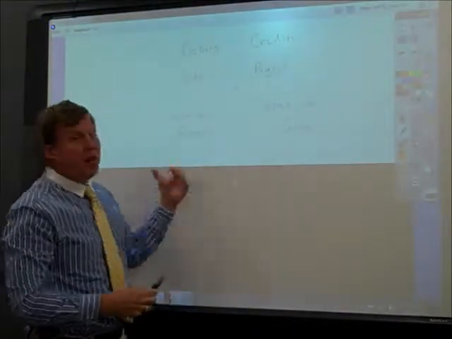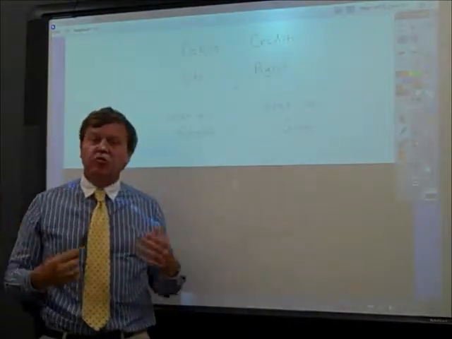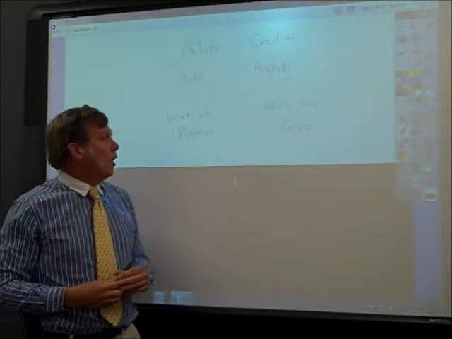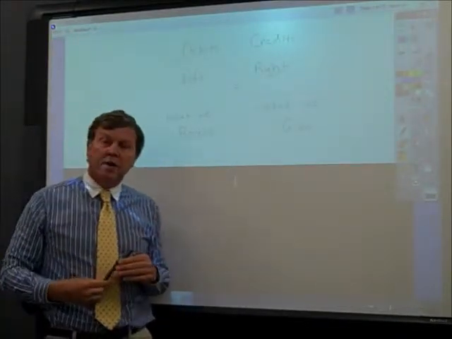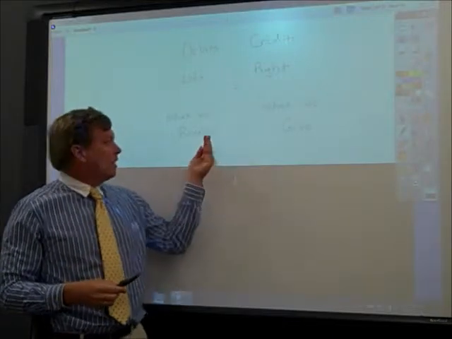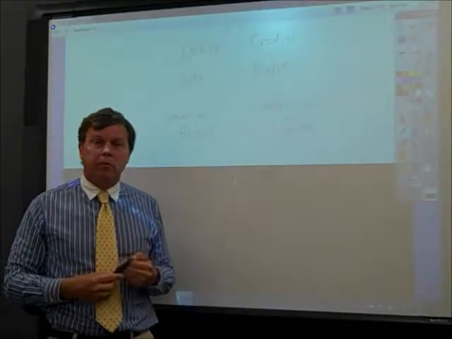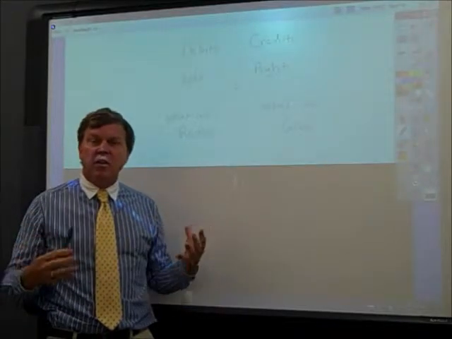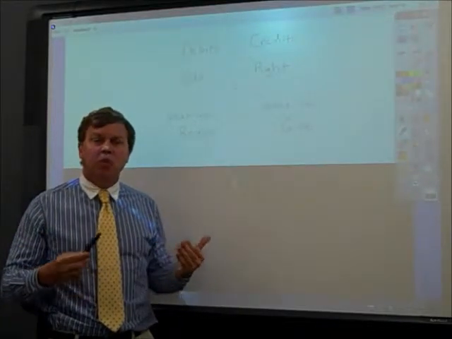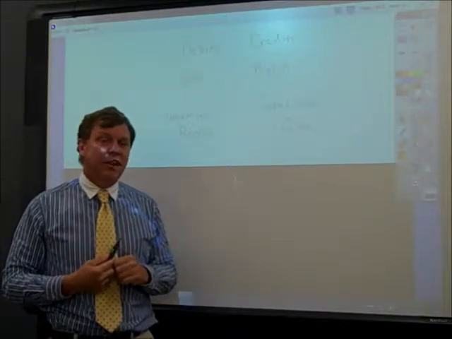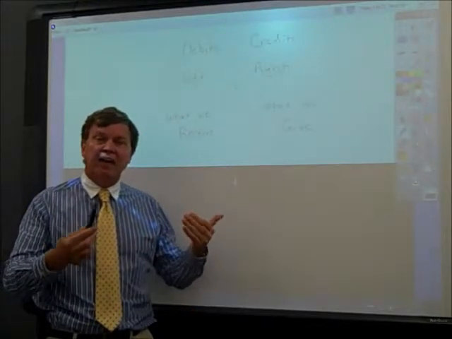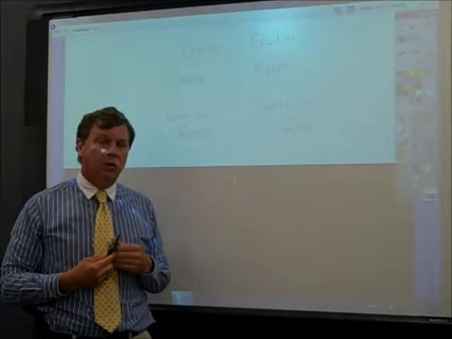A way to think about debits as we analyze transactions, and we're going to be doing that shortly, is that the account that we are going to debit is what we receive. When you analyze a transaction and you read through it, ask what the business is receiving in that transaction. That is going to be the account that you are going to debit.